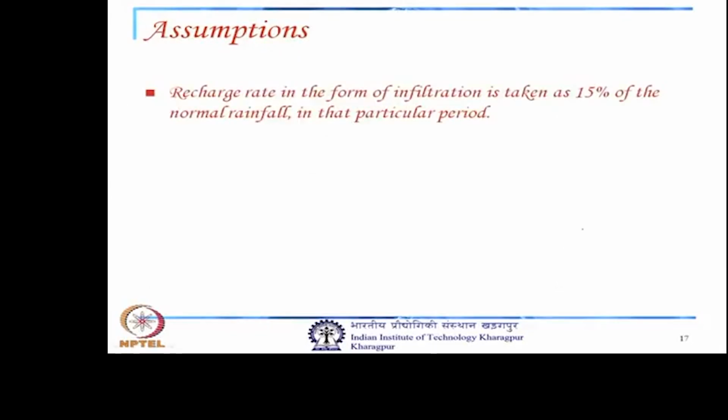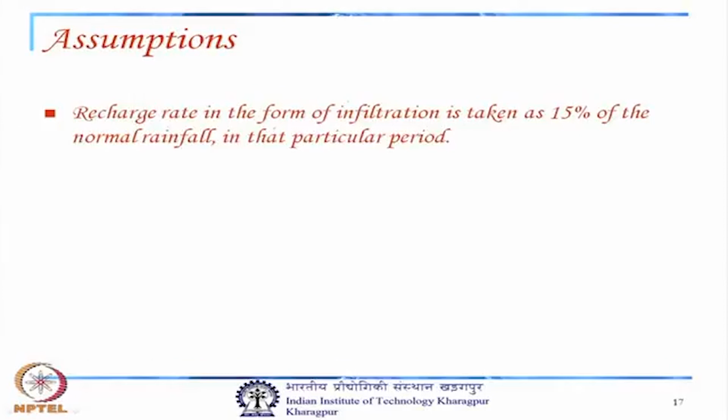So, these are the assumptions that were made because of non availability of some of the data sets. Recharge rate in the form of infiltration is taken as 15% of the normal rainfall in that particular period.